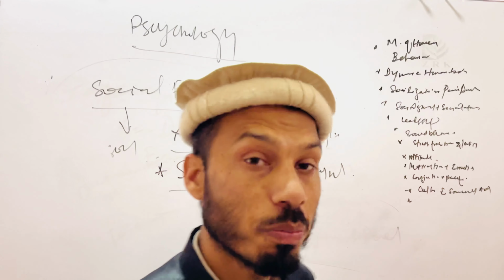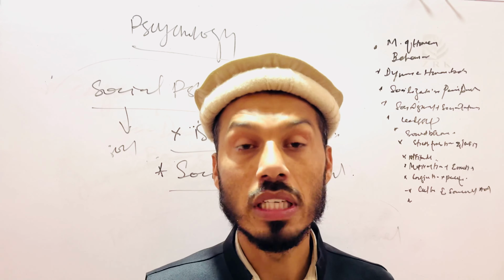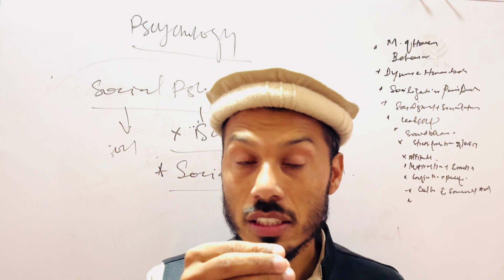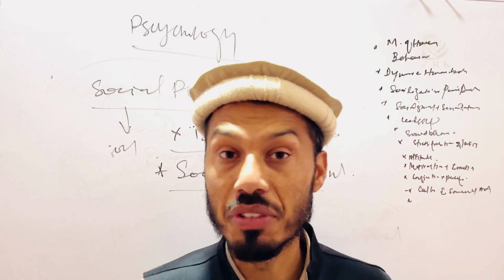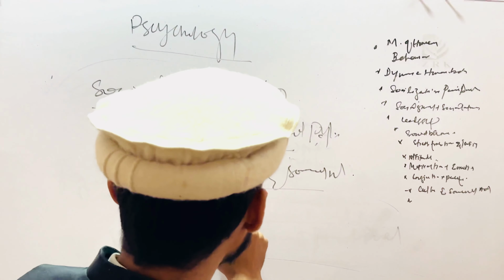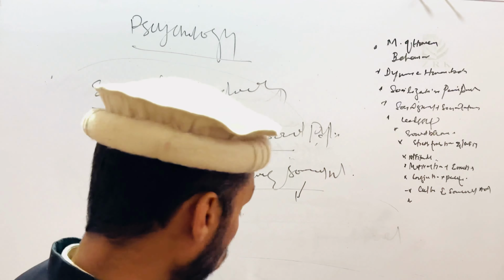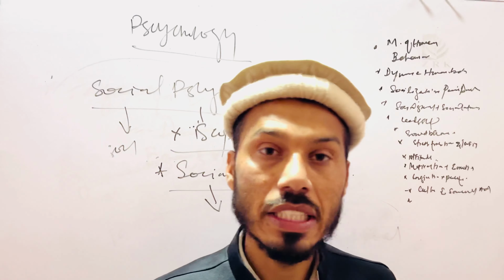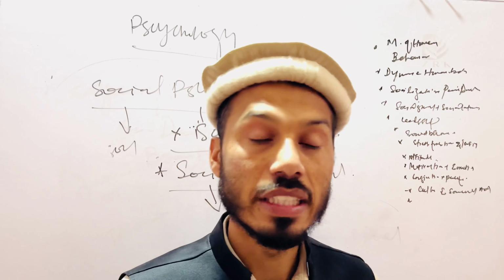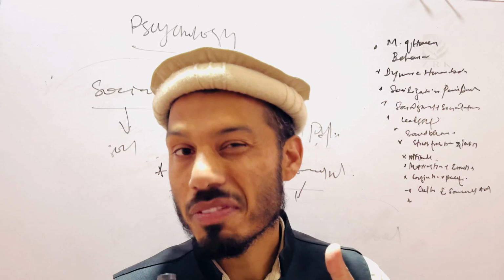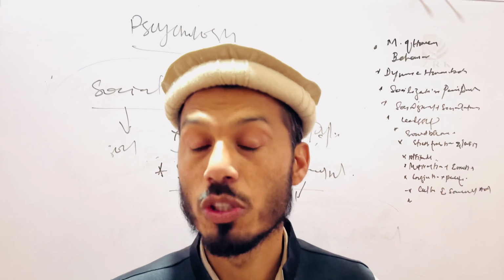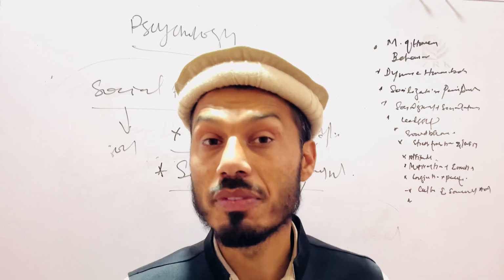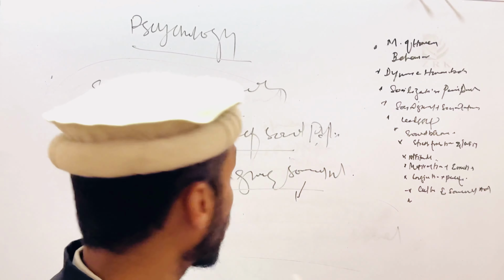Social groups are those groups in which different individuals are combined with specific norms and values. So this is called social group. Different individuals are combined with a specific task, with the same type of norms and values. So this is the social group.